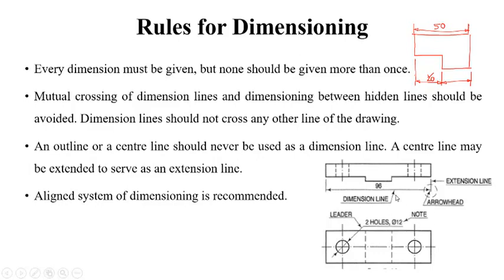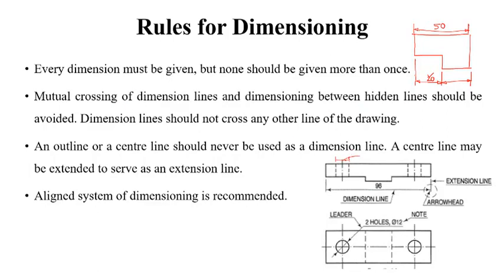Plus if we have hidden lines, like these two holes which are present, the hole is represented with the help of these hidden lines. So here we will not write the dimension of this hole, because the dimensions between the hidden lines should be avoided.